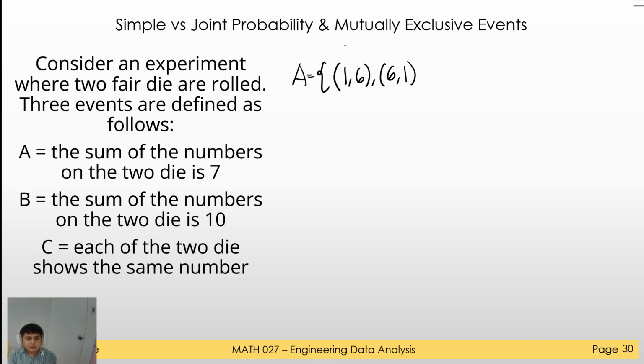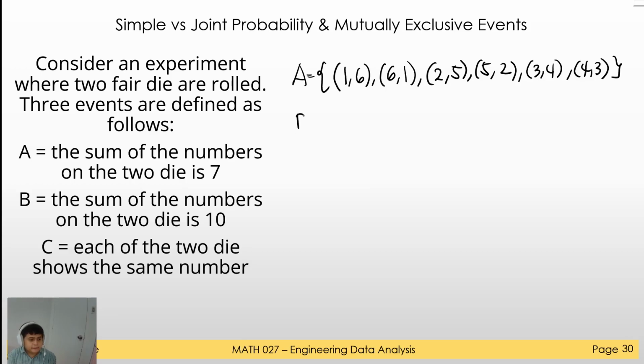Sometimes the dice will roll 1 first and then 6, and it could be 6 first and then 1. It could also be 2 and 5, 5 and 2, and also 3 and 4 or 4 and 3. So this will be the scenario for event A.